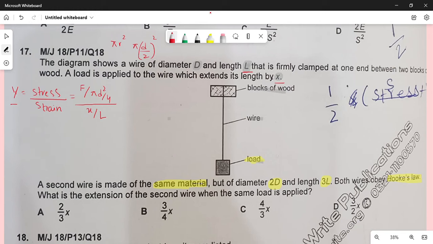Now we consider the second wire, in which Y equals stress over strain. The force acting is the same because the same load is applied.